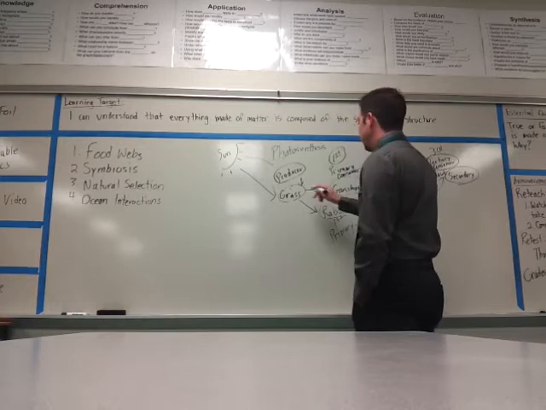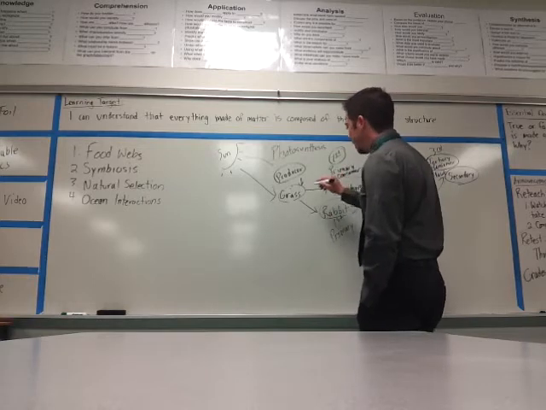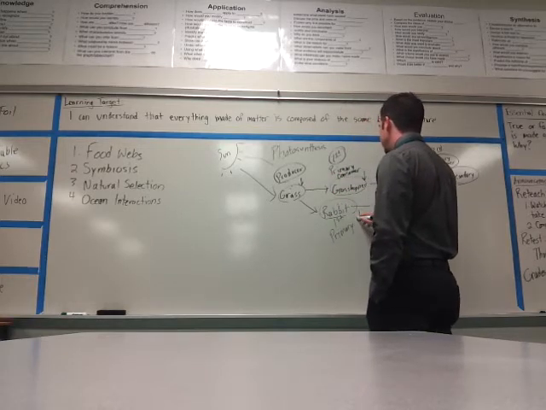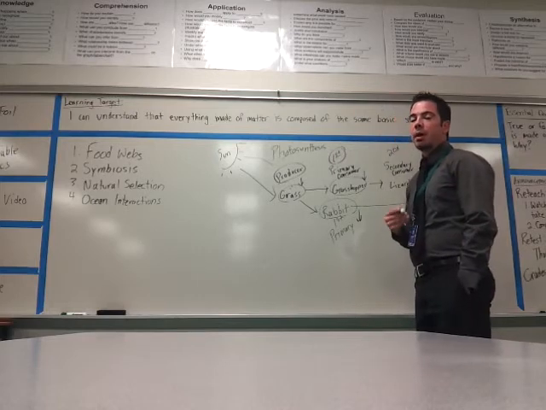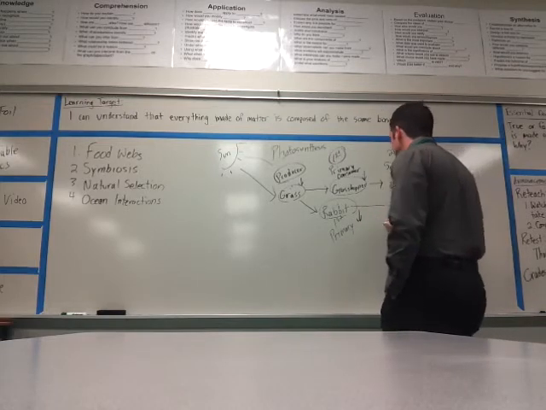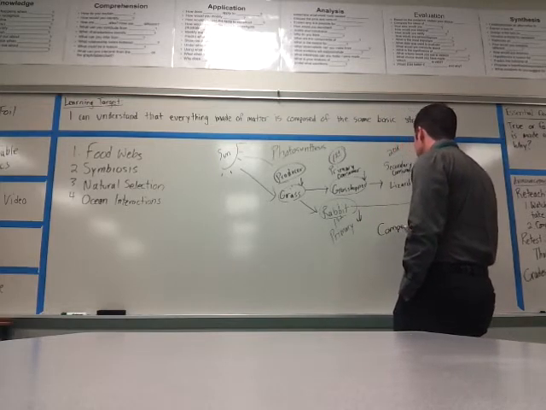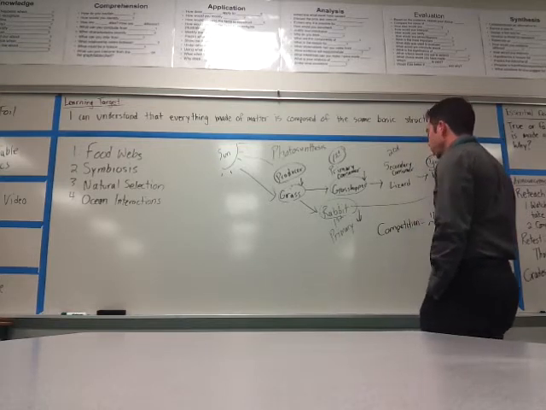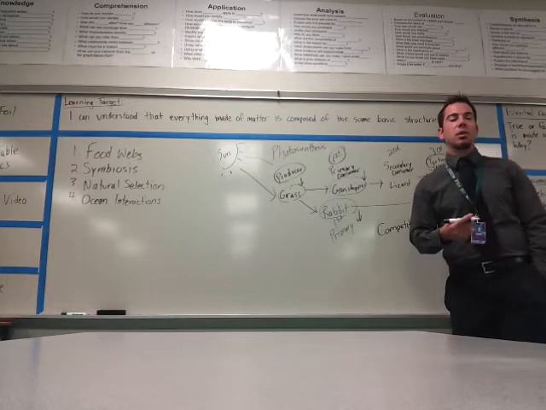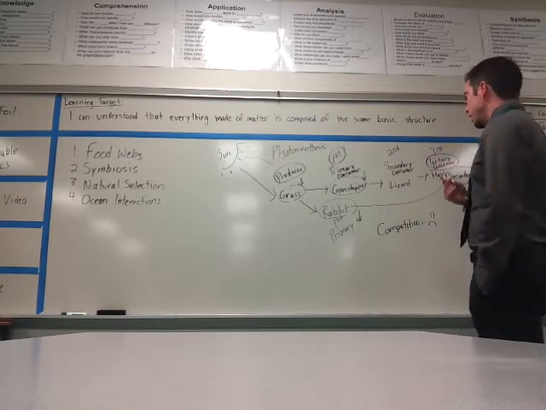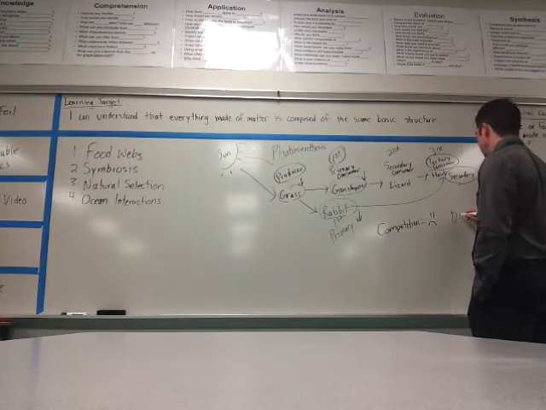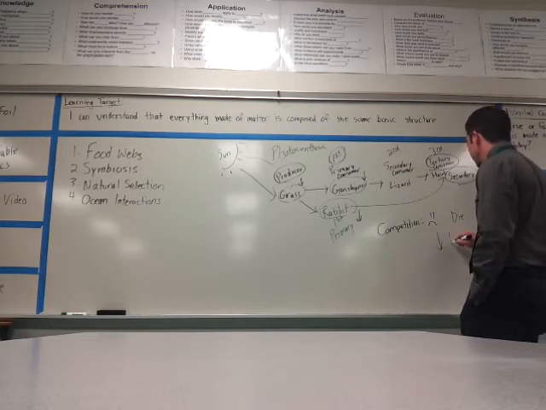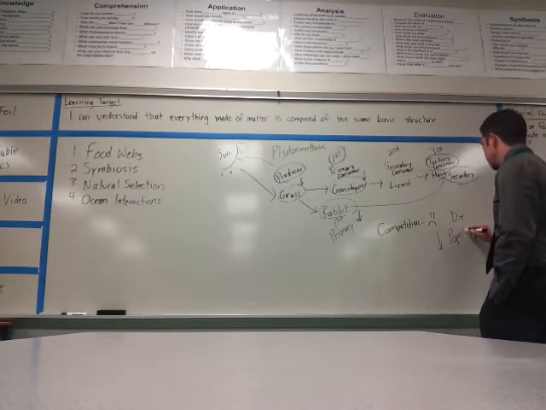In turn, if the grasshoppers and the rabbit are competing for the same food source, then we should see a decrease in their population as well. So competition is not good for organisms, because generally that means it's harder to get the things they need to survive, and therefore they die. So that's a decrease in population.